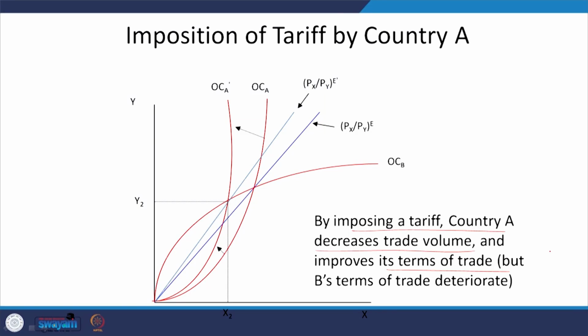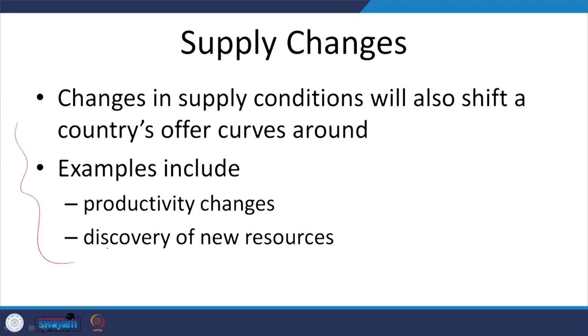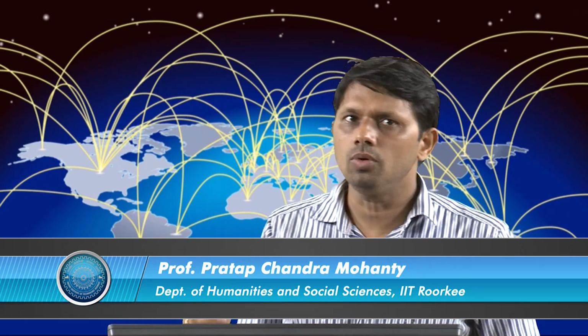Similarly, changes in the supply condition will also shift a country's offer curve around. For example, productivity changes and the discovery of new resources are going to change the offer curve. As per the last couple of slides, we have already said that demand patterns, domestic production and supply, and tariffs or any kind of intervention lead to changes in the offer curve and its slope.